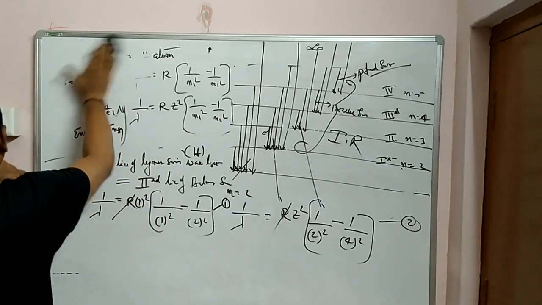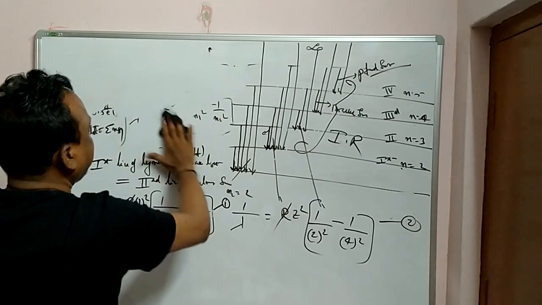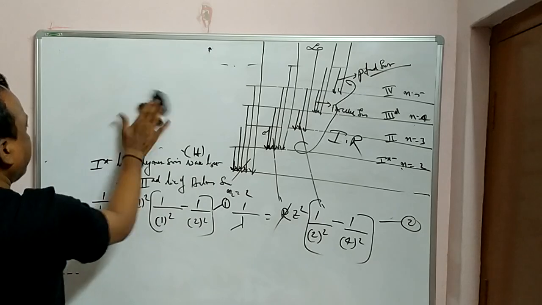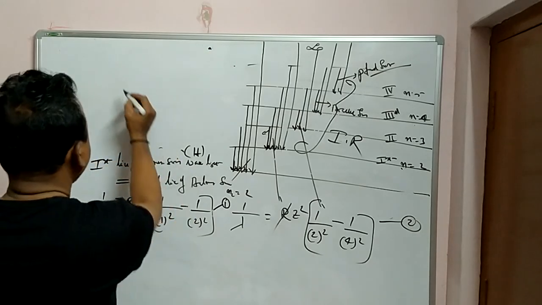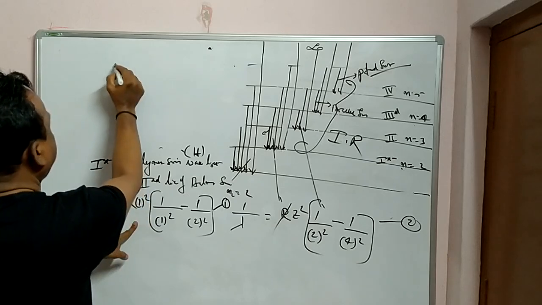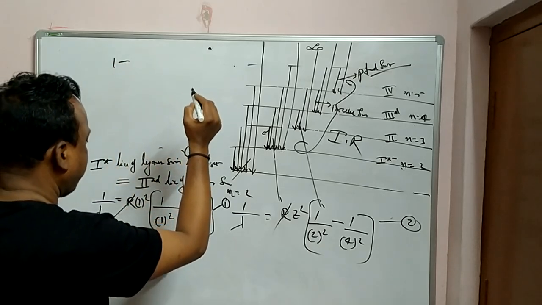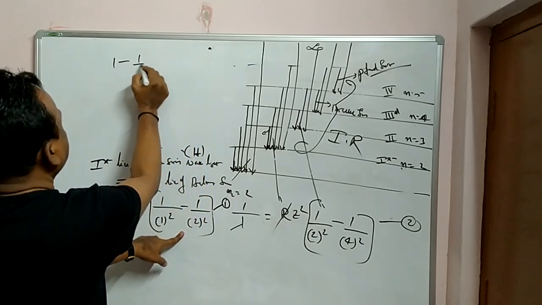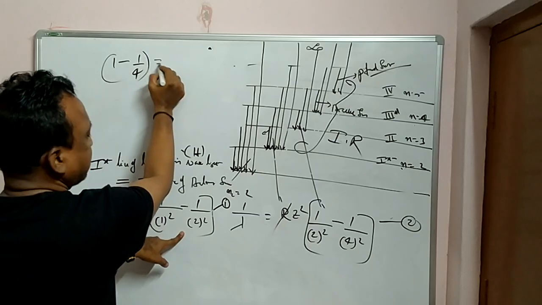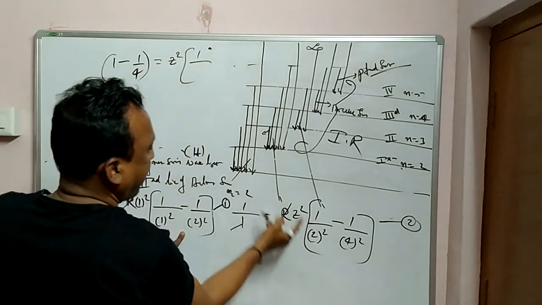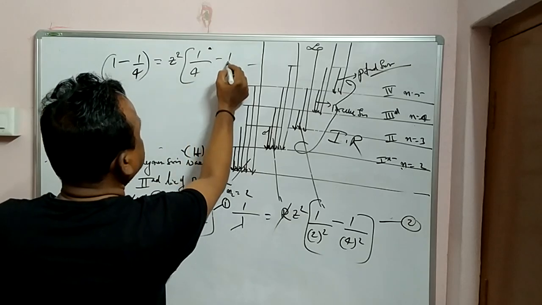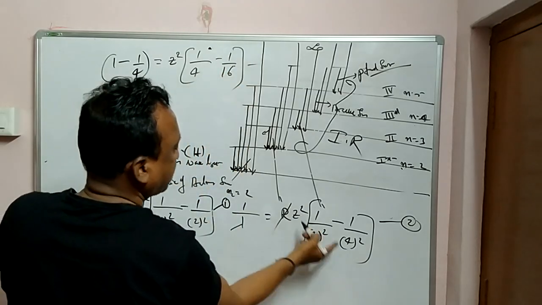So when you equate them, what do you have? On the left side, 1 by 1 minus 1 by 4, R gets cancelled, so 3 by 4. This is equal to the right side, unknown element Z square into 1 by 2 square, 1 by 4, minus 1 by 16, 4 square.